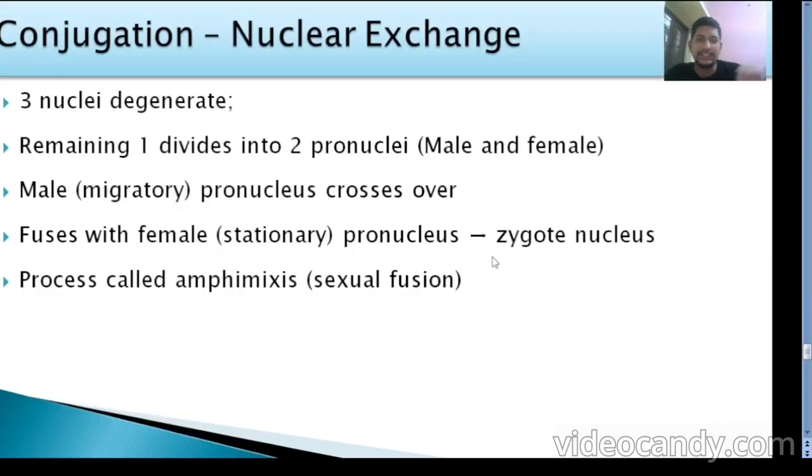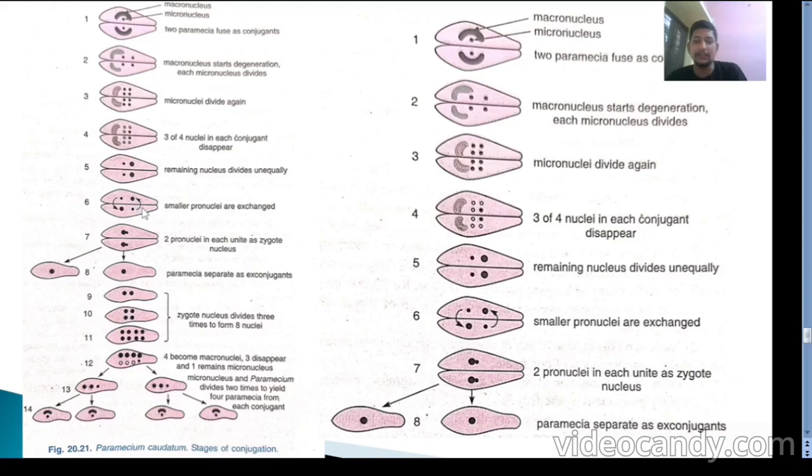Okay, now you can see this explanation. Out of 4, 3 nuclei will degenerate. The remaining one micronucleus divides into 2, that is the male pronucleus and the female pronucleus. So here, what is the unique character, dear students? Remember, the smaller one is male, the larger one is female.